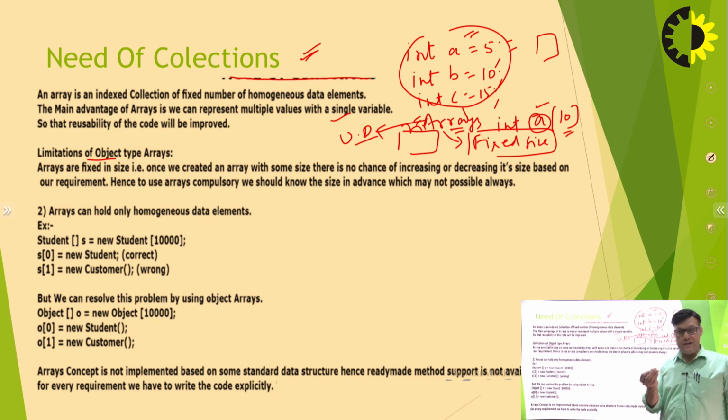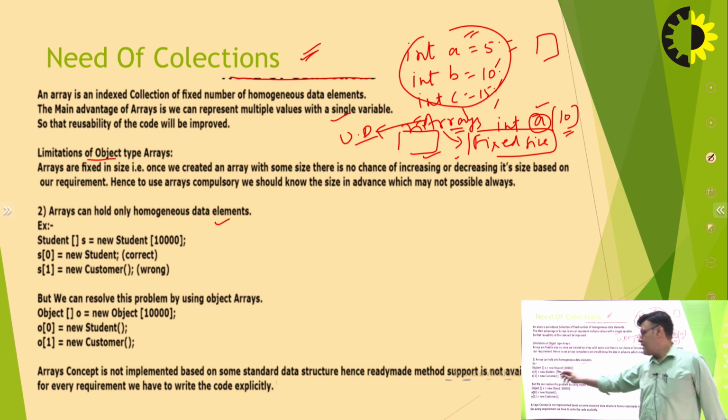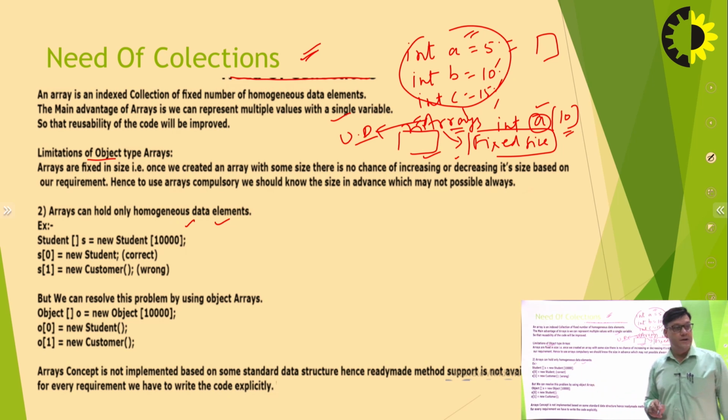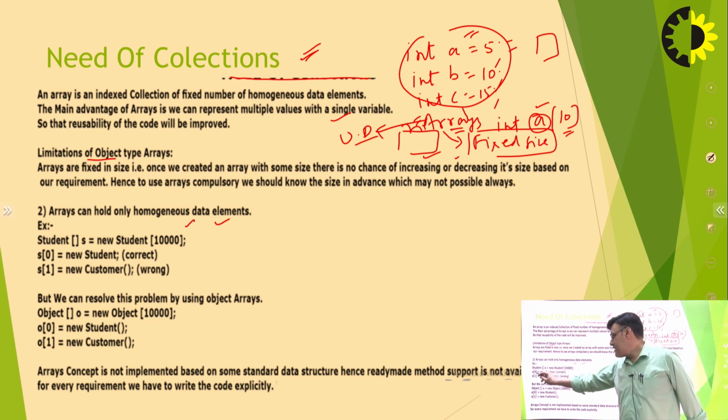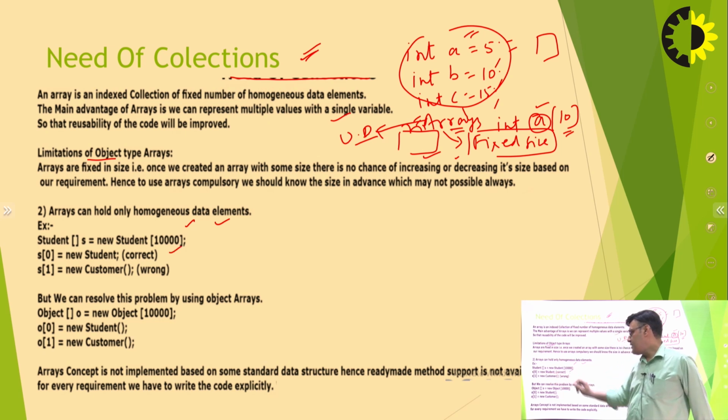Although Java provides us a little bit of this increasing and decreasing. For example, you can see in this example in Java I have declared Student array object s, new Student, and the size is, for example, 10,000. I am initializing the value s[0] is equal to new Student. This is the correct way.